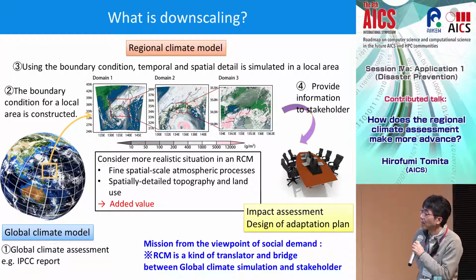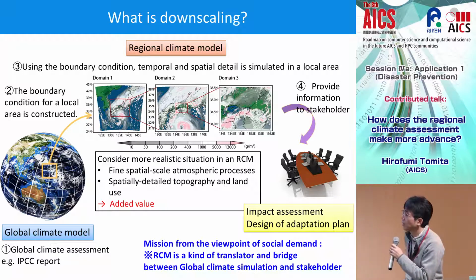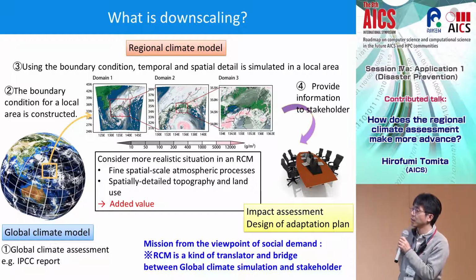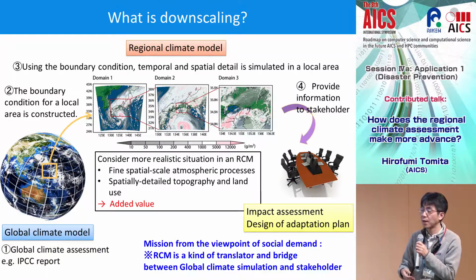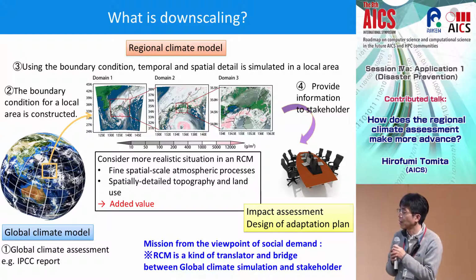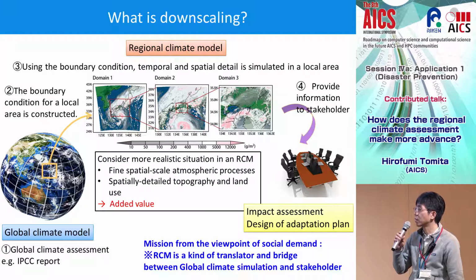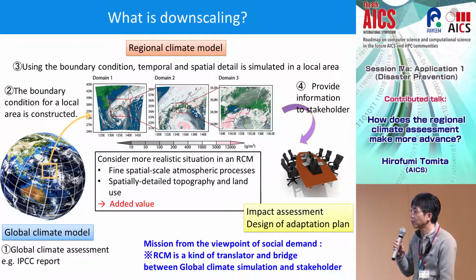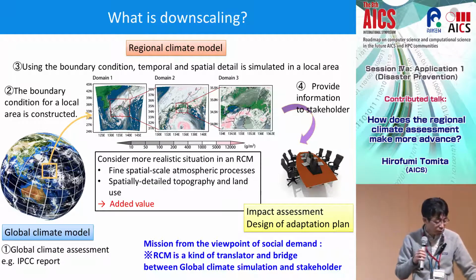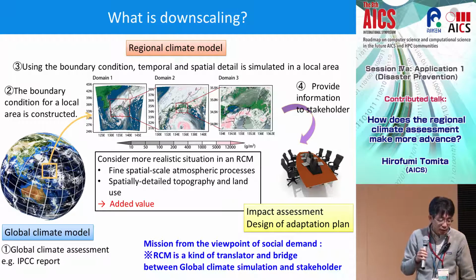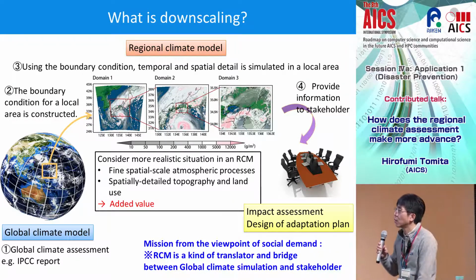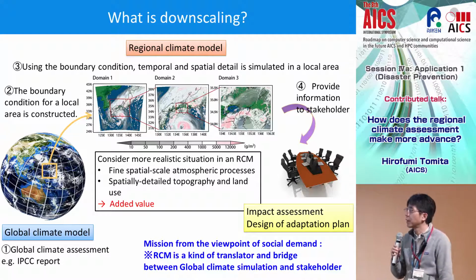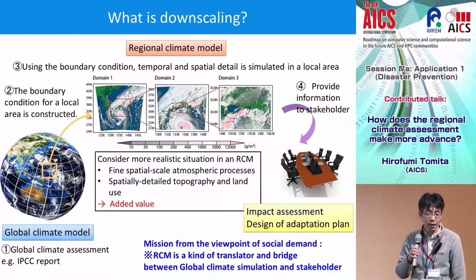And in this model, we can consider a more realistic situation. For example, fine spatial scale atmospheric processes, and also spatially detailed topography, and also land use. This is added value. And after that, that information is provided to the stakeholder.